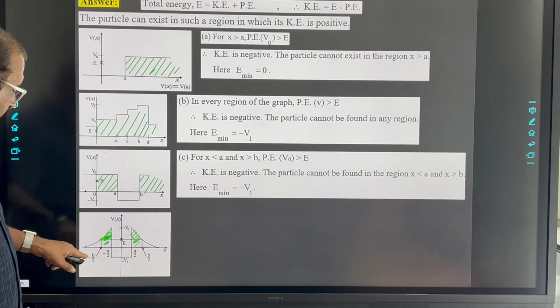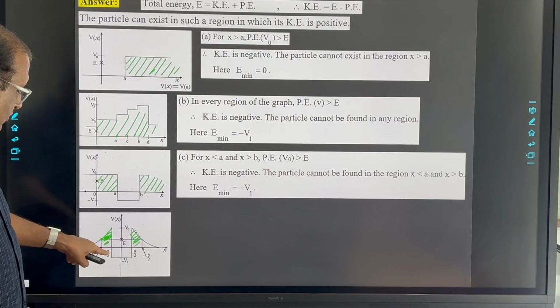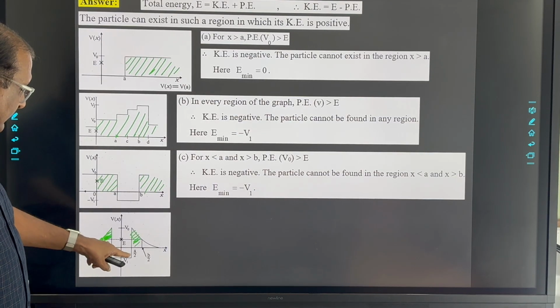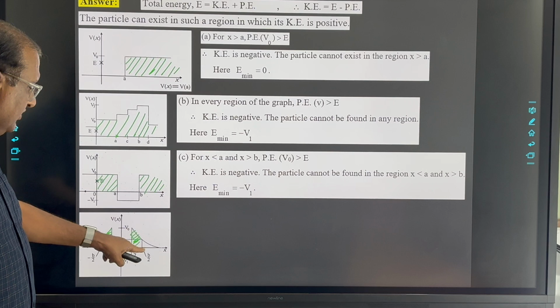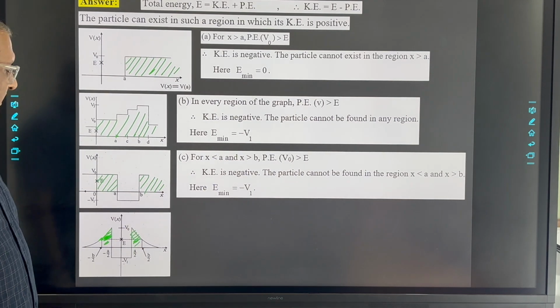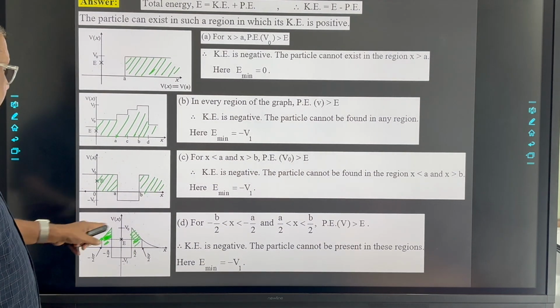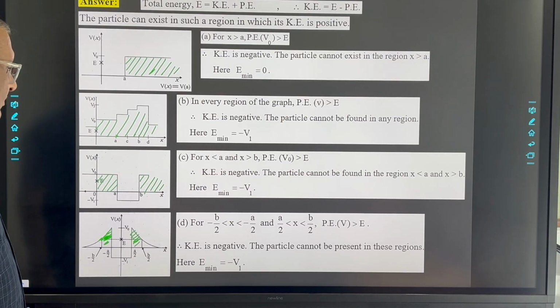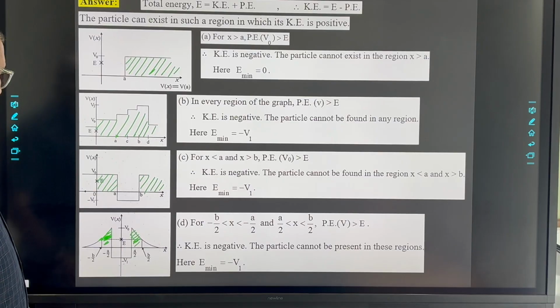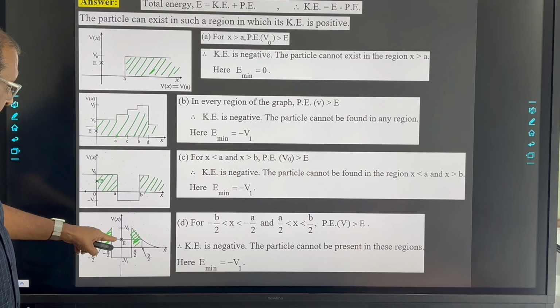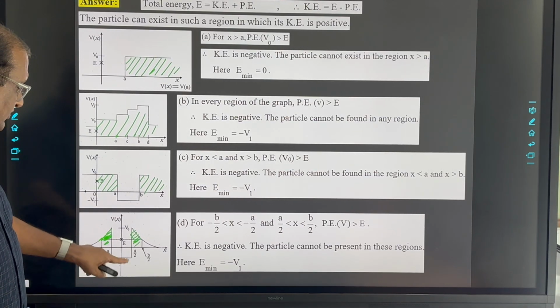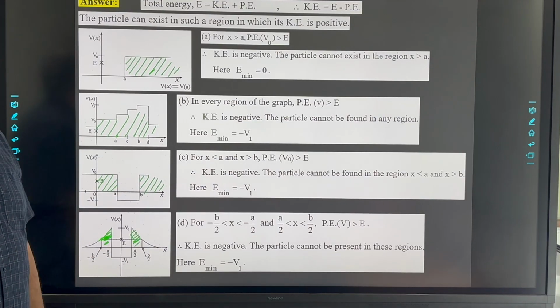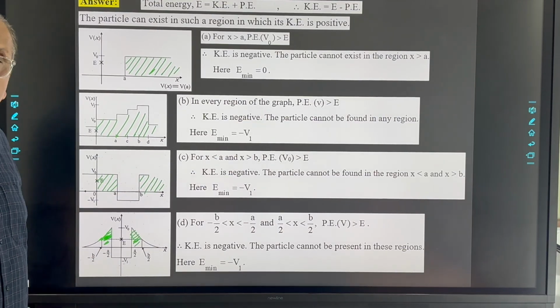So from minus b by 2 to minus a by 2, as well as from a by 2 to b by 2, the kinetic energy will be negative. So the particle cannot be present in these regions. And again here E minimum should be equal to minus V1. Clear to all of you?